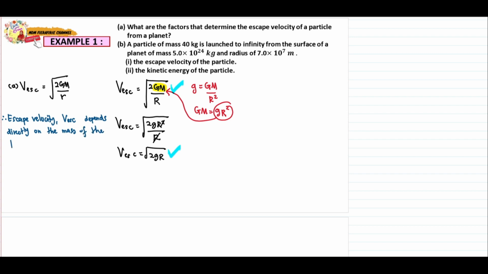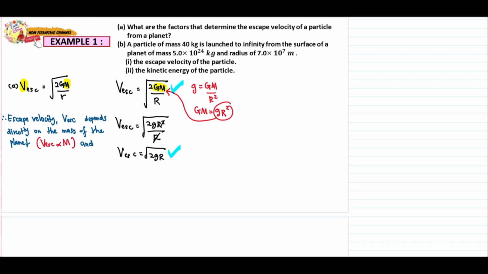Okay. So based on the equation here, you can see that V is directly proportional with M. Capital M is the mass of the planet. So you can write V is directly proportional with capital M.